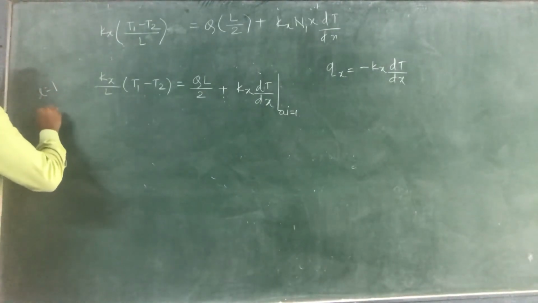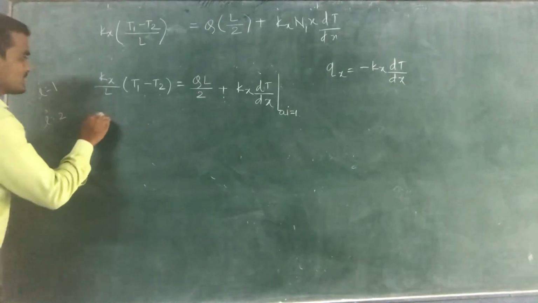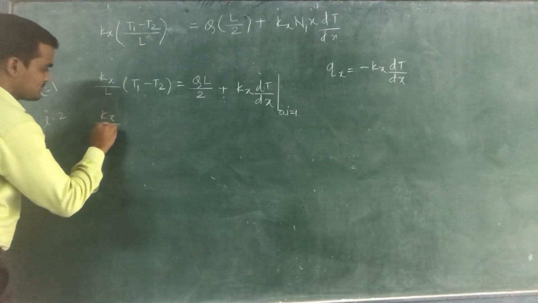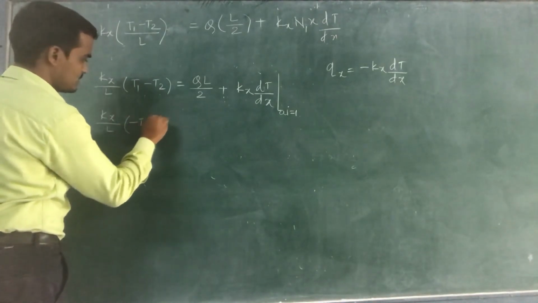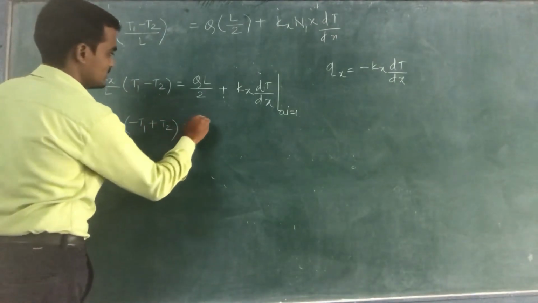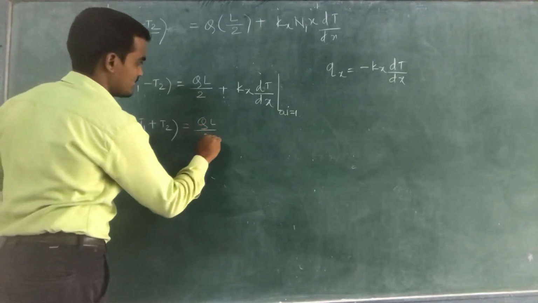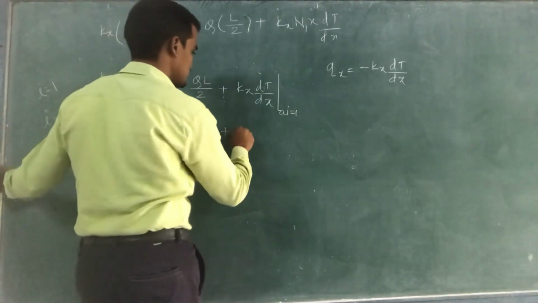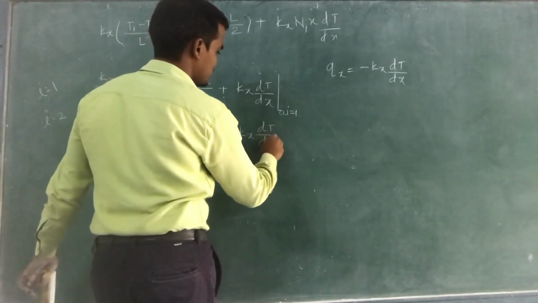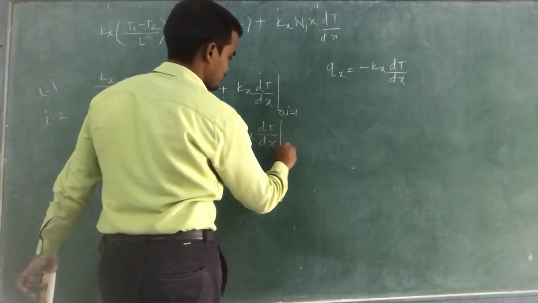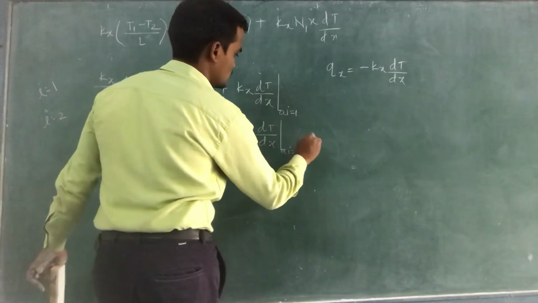Now for i equal to 2, you will get kx by L in bracket (minus T1 plus T2) equal to qL by 2 plus kx dt by dx at node 2.